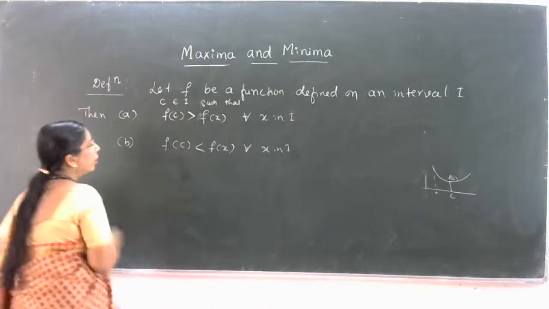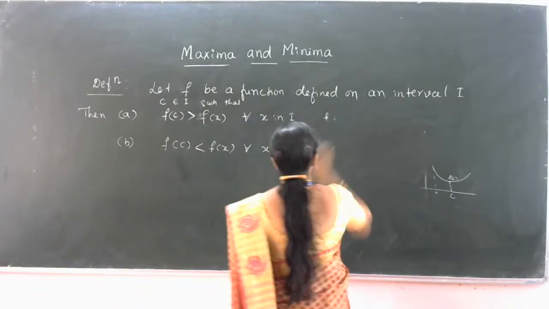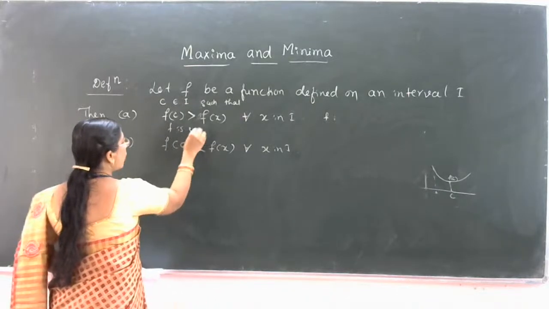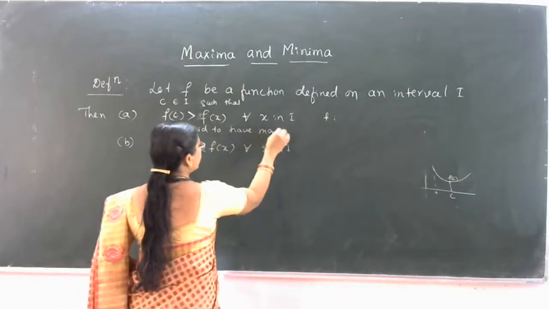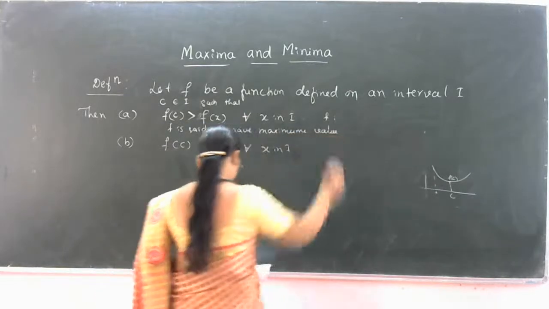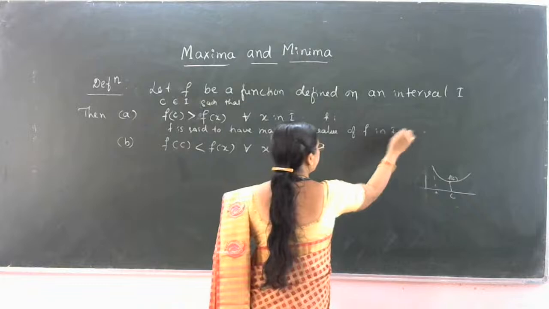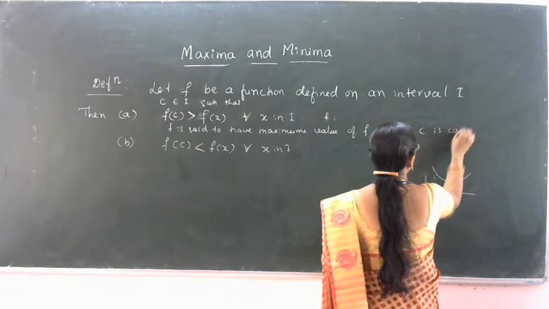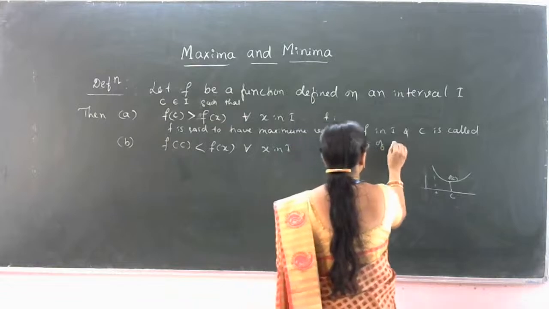Here f is said to have maximum value of f in I, and C is called the point of maximum value.